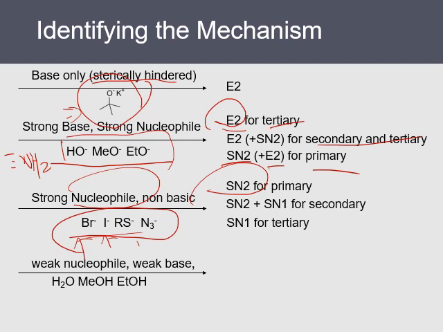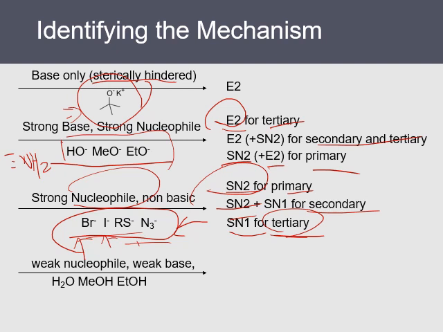So particularly for primary, and even for secondary, SN2 predominates, unless it's tertiary. If it's tertiary, you cannot attack the carbon, so it has to undergo SN1 reaction, where the leaving group leaves first and forms a carbocation. Otherwise it's always SN2 that predominates for these strong nucleophiles.